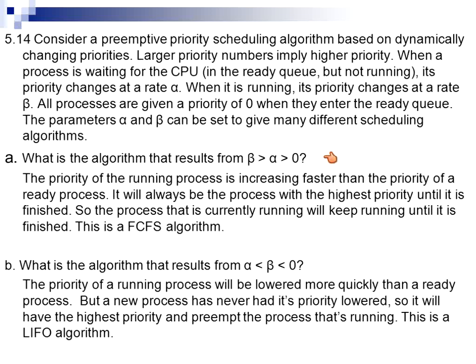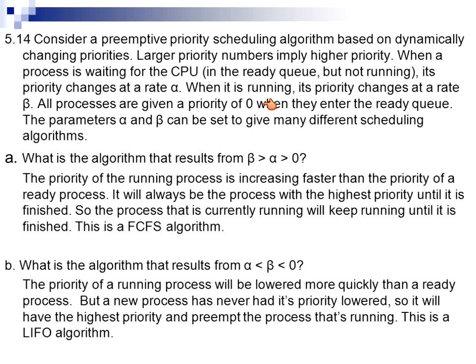Now there's a couple things to know here. Beta is the value that's given to, or the change that happens to the priority when a process is running. Alpha is the change to the priority when the process is in the ready queue waiting for the CPU, and they all start at 0.